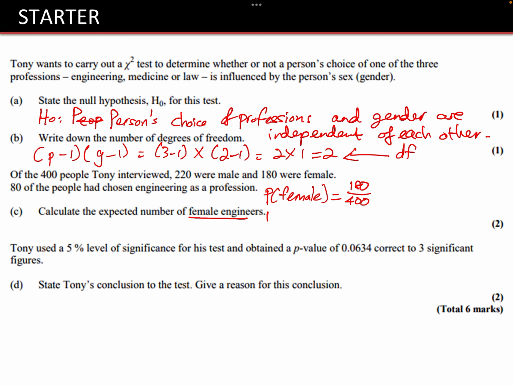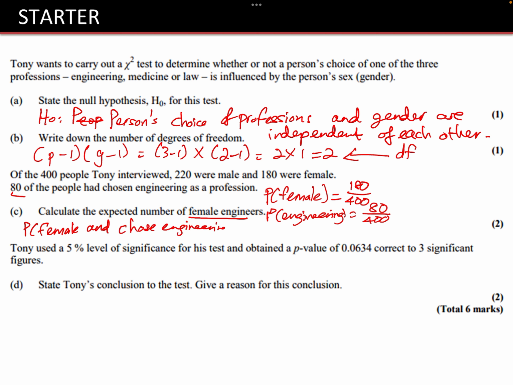Now, then we're going to be looking at the number of people that have chosen engineering. And it says that we have 80 people who have chosen engineering as a profession. So we know that this is 80 over 400. Now, since we assume that both are independent, we want to find out the probability that the person being interviewed is a female and chose engineering.